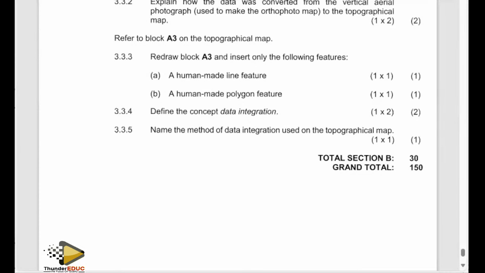When you are integrating data, this is a concept. You can define it according to your understanding, but you should address the basics. Right, my simple definition, I will simply define it as combining. Integrating, at least bringing together.